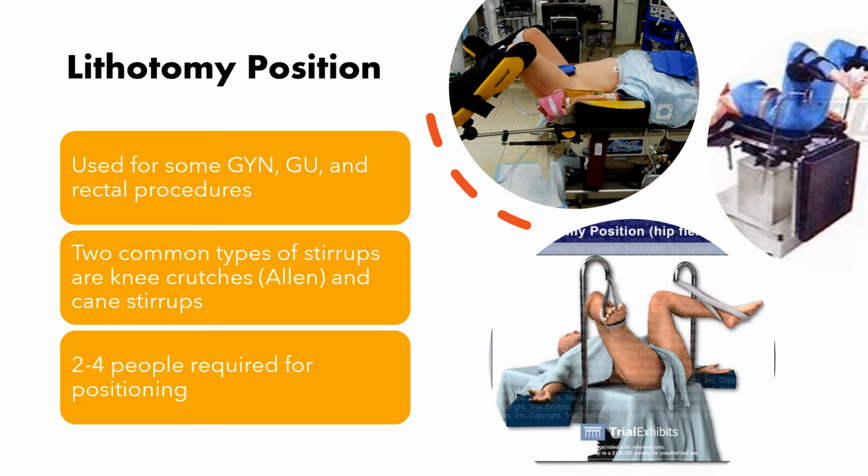We want to make sure that there's adequate padding. The hips are going to be flexed and the legs are going to be abducted at approximately 30 to 45 degrees. The knees are going to be flexed at 80 to 100 degrees. We're going to try to keep them in a parallel position if we can.